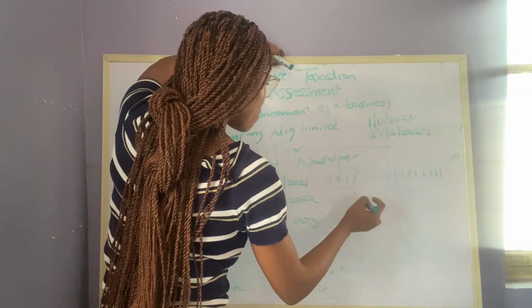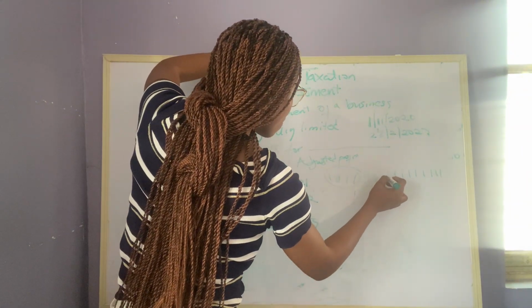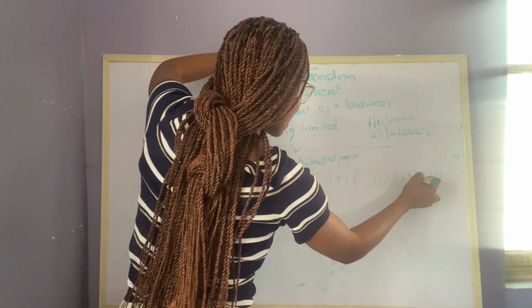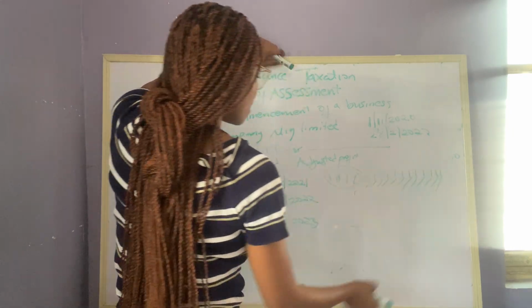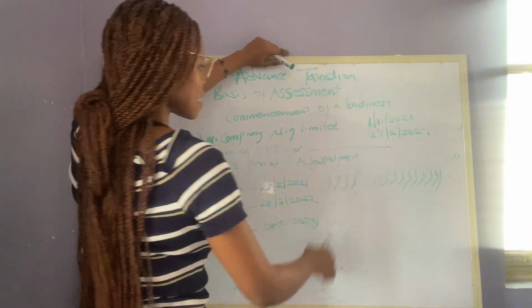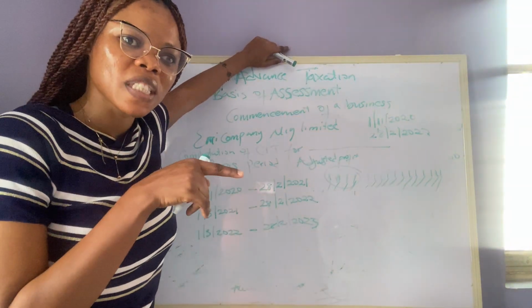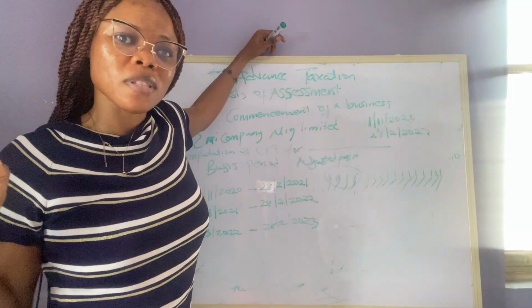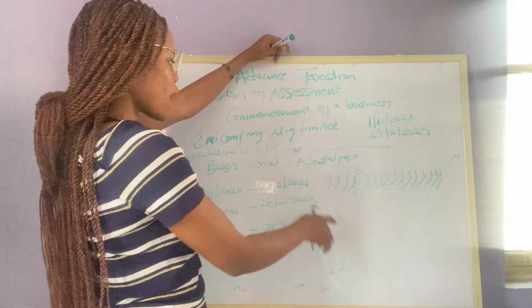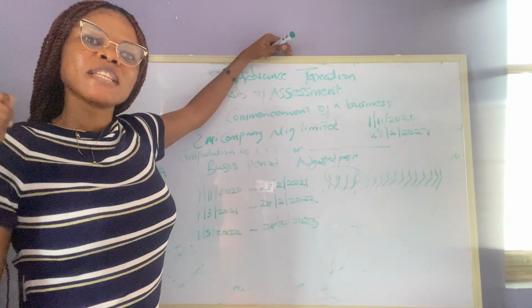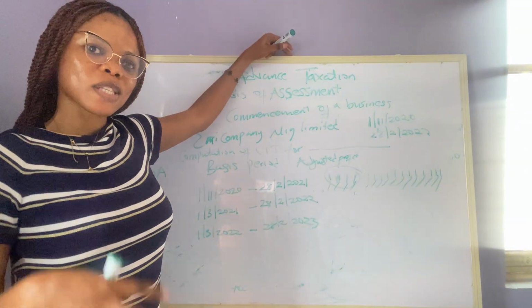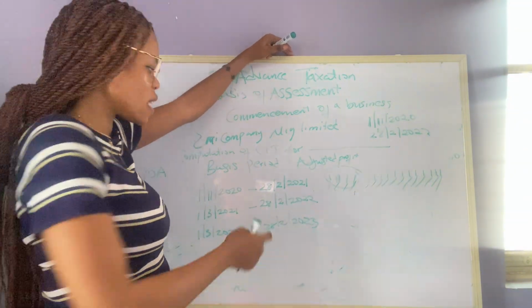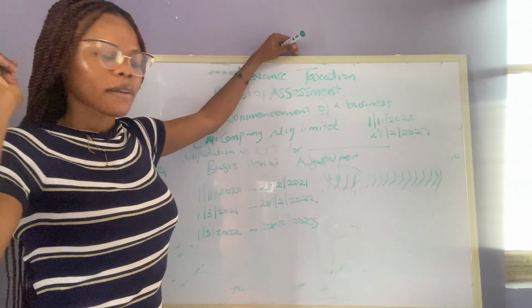So when you calculate, 1, 2, 3, 4, 5, 6, 7, 8, 9, 10, 11, 12, 13, 14, 15, 16. Which means that the first one is profit for 16 months. So since this one is 4 months, we are going to prorate it by removing the 4 months profit from it, so that we can allocate the remaining one to the other 1 year.